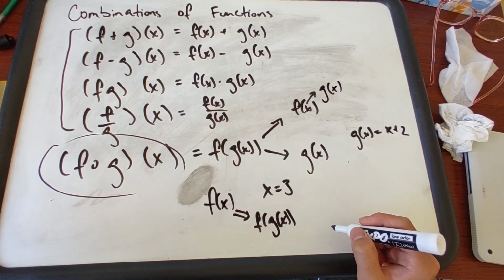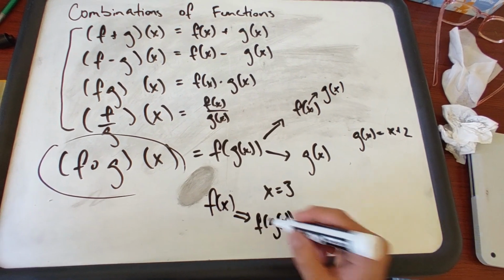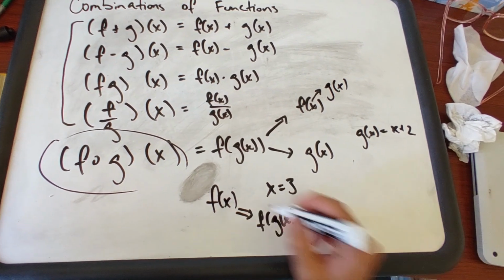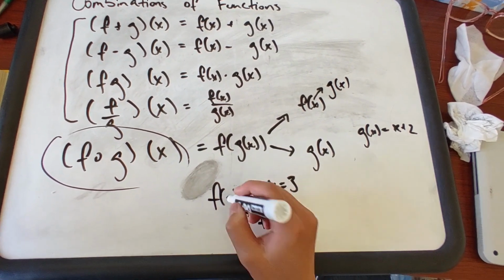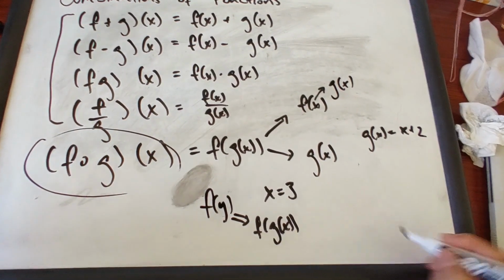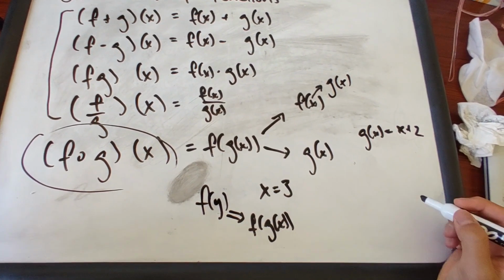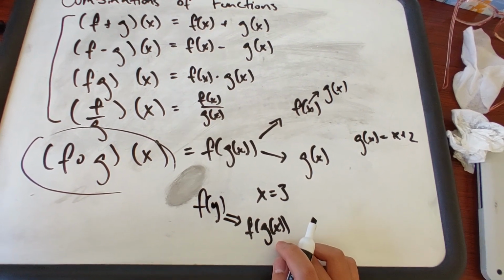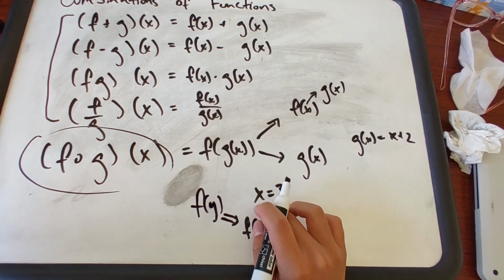So we could use g of x instead of x, we might use something else, like f of y or something like that. So to solve for f of y, we solve for g of x, and to solve for g of x, we use the x value.